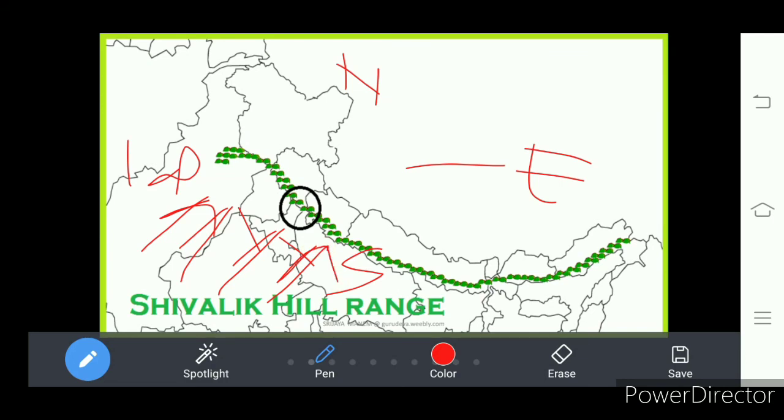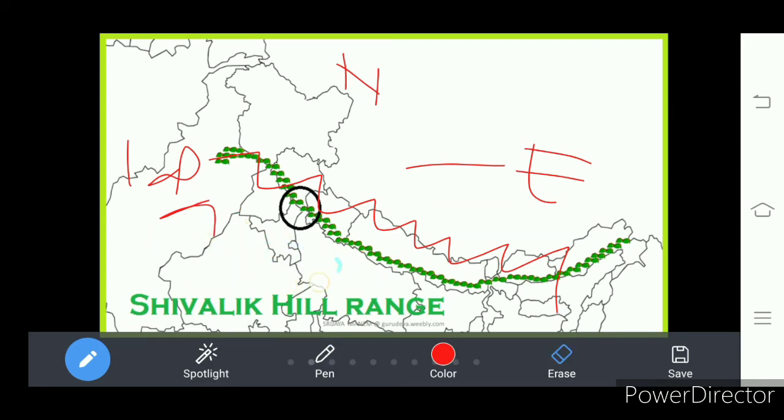These southwest monsoons are obstructed by the Himalayas. So the southwest monsoons don't pass the Himalayas. They cannot cross. They rise up and give rainfall on the Indian subcontinent.